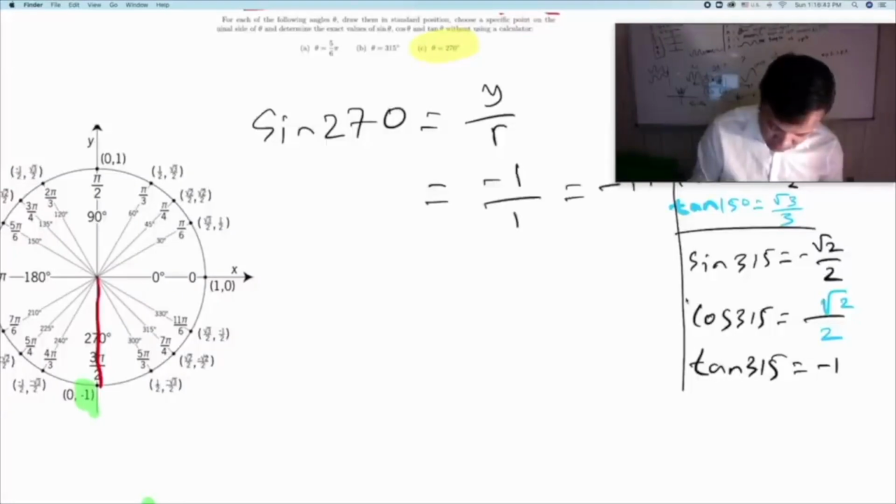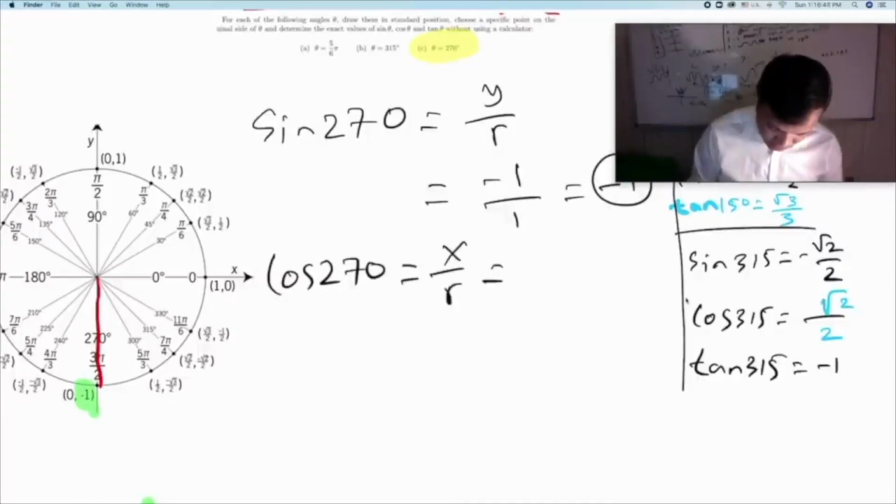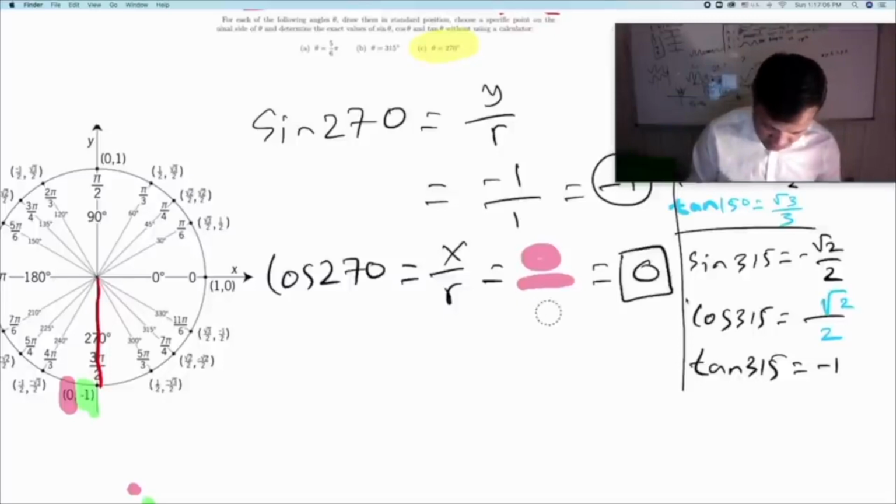Alright, so let's see cosine 270. Cosine 270 is x over r. So x is 0, so it is 0 over r, and 0 over r is 0. We know that in the unit circle r is 1.